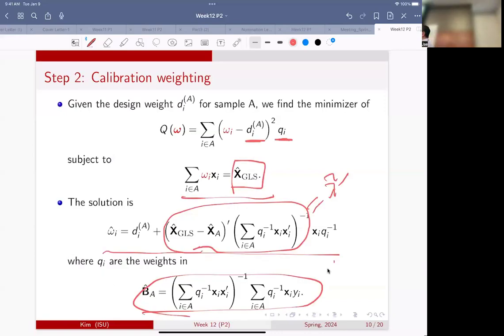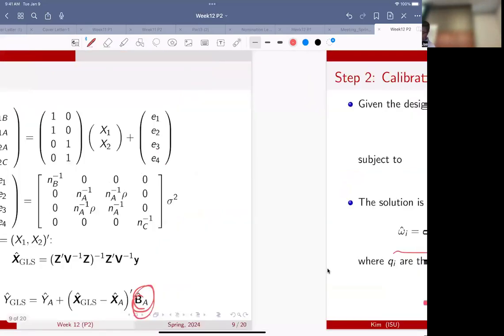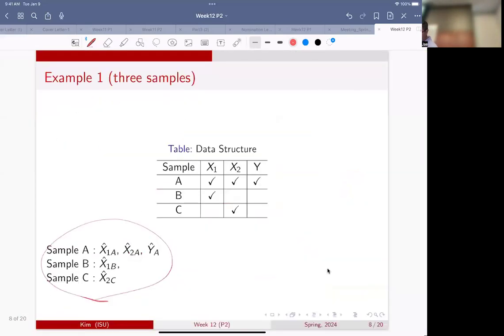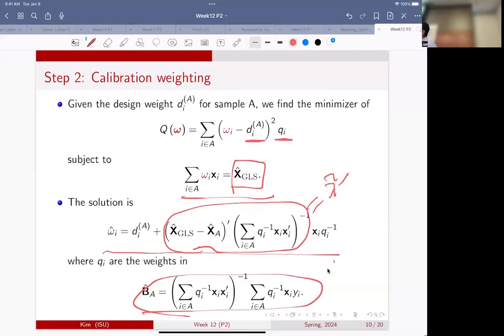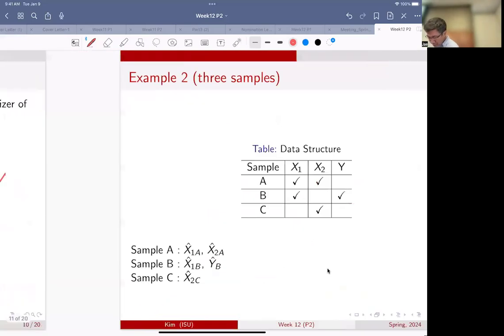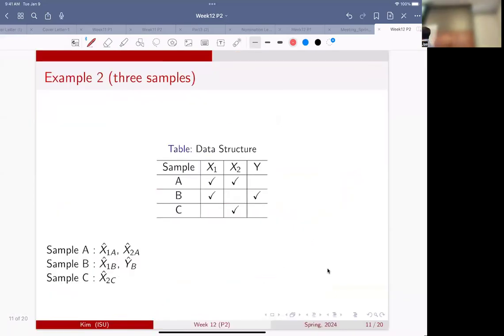So that basically solves the extension. So this kind of problem, we can use calibration, right? Now, this is a little bit more tricky. What's the difference?